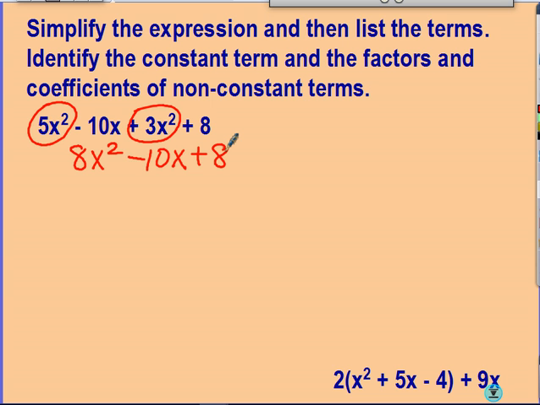The terms of this expression are the following. There are 3 terms in this expression. Remember, the word term means piece or part. The constant term in this example is the 8, that is at the end of the expression.